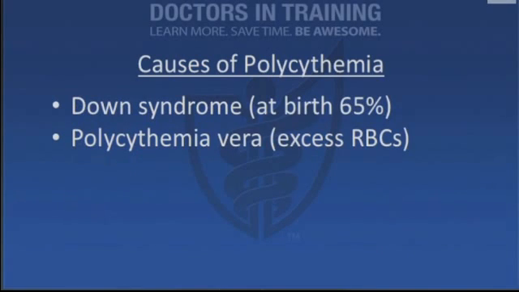We've mentioned that at birth, 65% of Down syndrome babies have polycythemia, so that might be something worth knowing. And there's also a disorder called polycythemia vera, where you have excess number of red blood cells, not because of excess erythropoietin. So erythropoietin is normal, but you still have excess red blood cells. That's polycythemia vera, one of your myeloproliferative disorders, which we're going to talk about a little bit later.